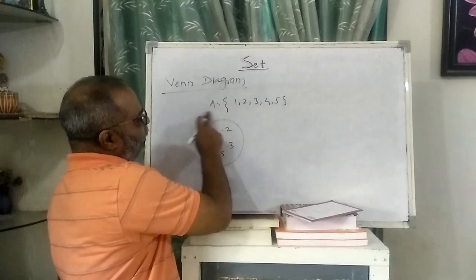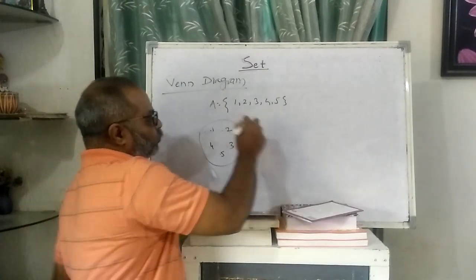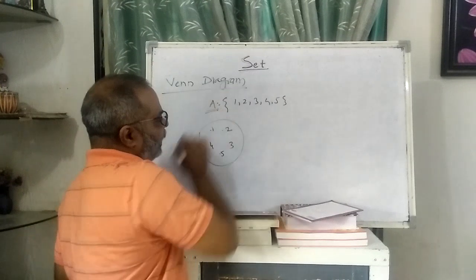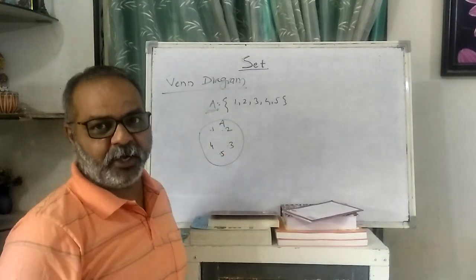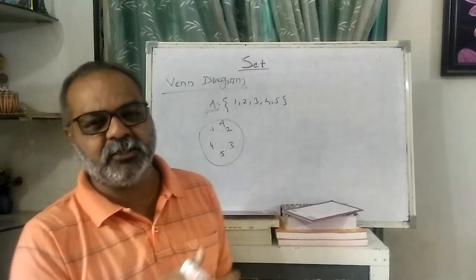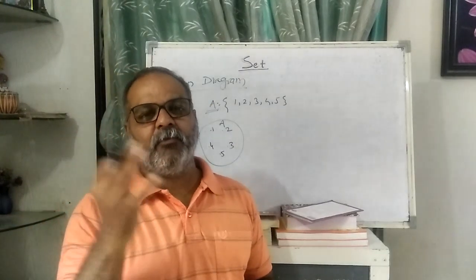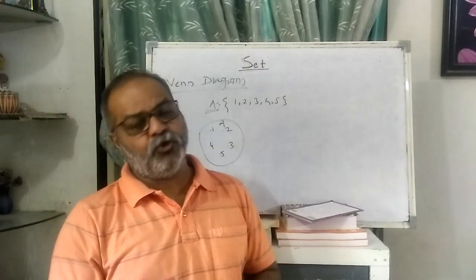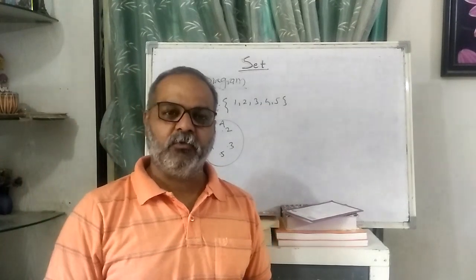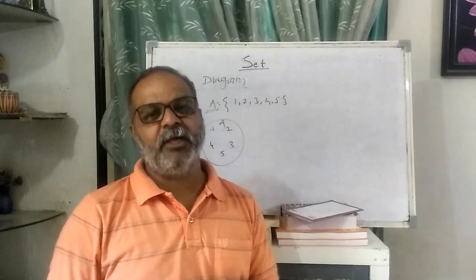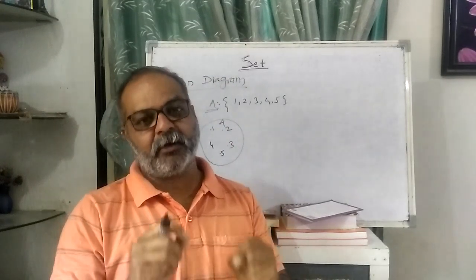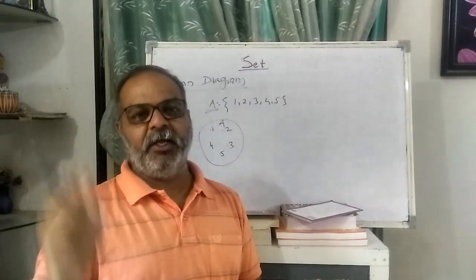Okay. And the name of that set is written either inside or outside. But in our book, this year's book, the name of the set is written inside. You may write it outside also. We may separate the elements by dots also. There is a choice for you. Either it is separated by dots or we just write only the elements.